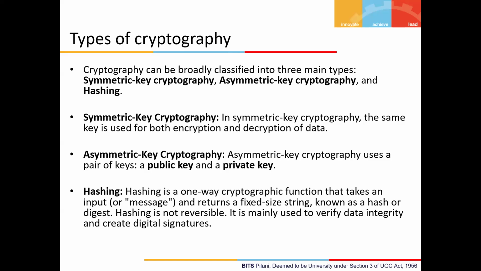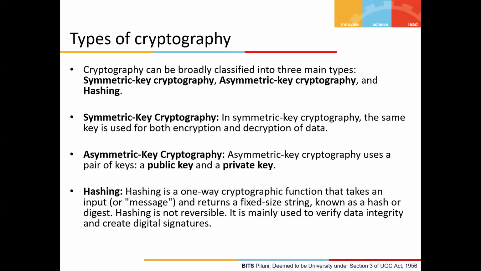This key is used to encrypt the data, and the same key is used to decrypt the data. So if I want to send something to you, we both will share a key, and I will use that key to encrypt the data using the AES algorithm, and you will use the same key to decrypt the encrypted data using the AES algorithm.